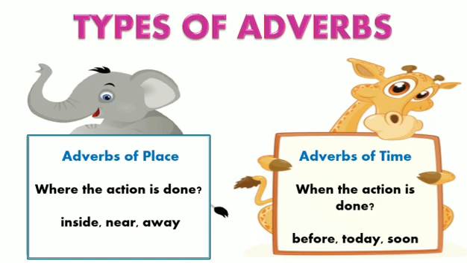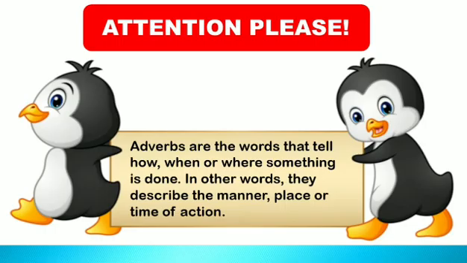Tomorrow. So the word tomorrow is telling the time of the action that you will do, right? So this word is telling you the time of the action, hence it is an adverb of time. More examples include before, today, soon, yesterday, day before yesterday. So all these words are adverbs of time.